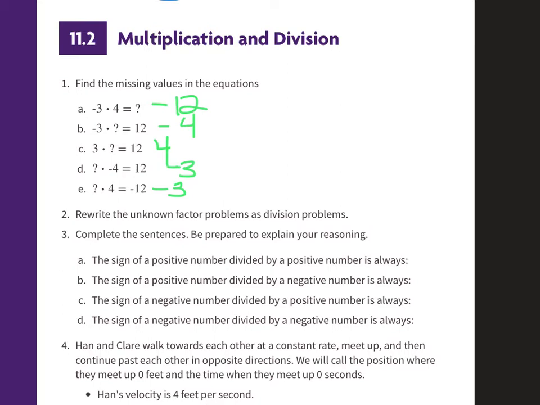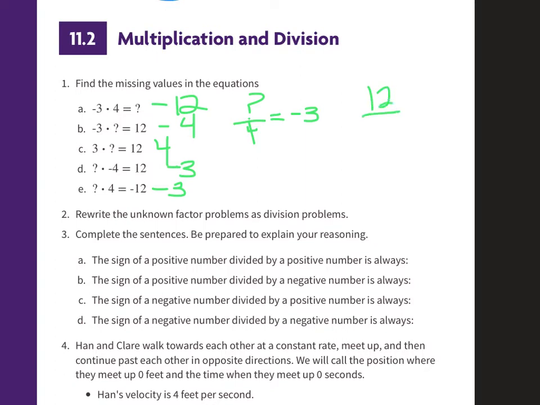Rewrite the unknown factor problems as division problems. Complete the sentence. So, if I rewrite this as division problems, this would be question mark divided by 4 equals negative 3. The letter B, just take the answers we know and divide them.